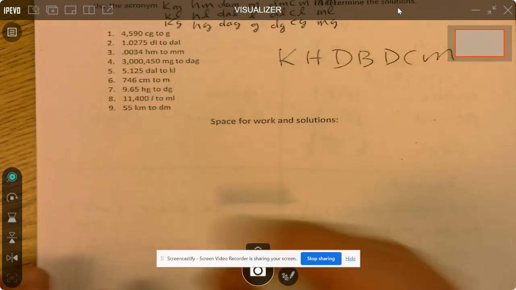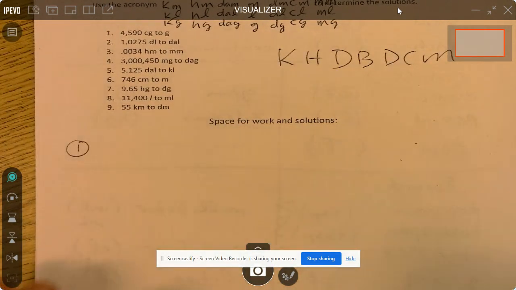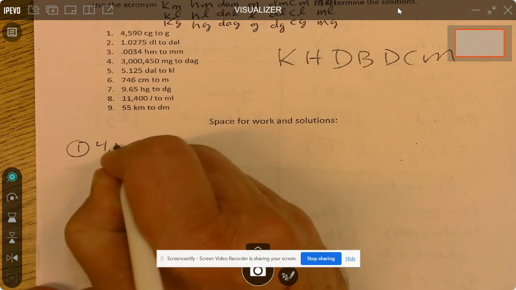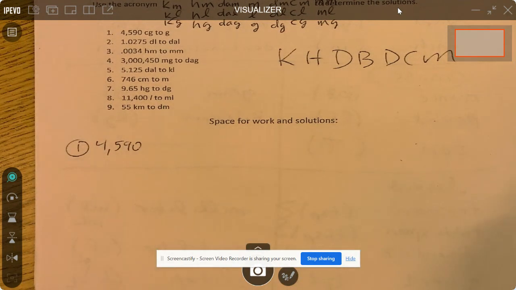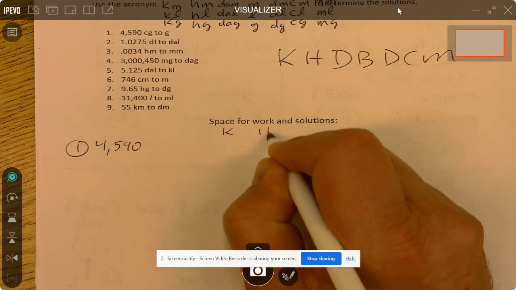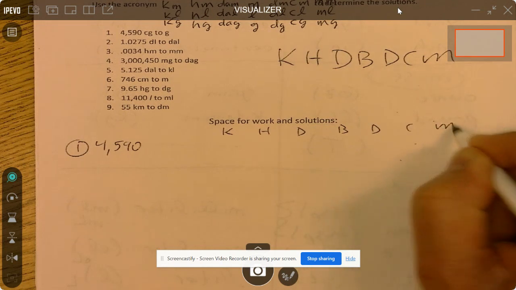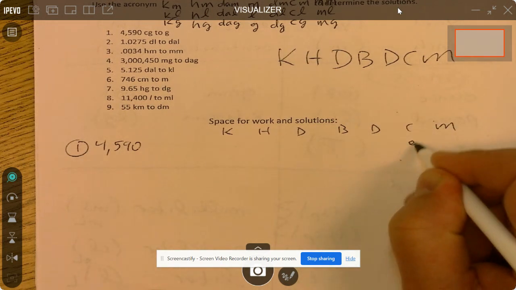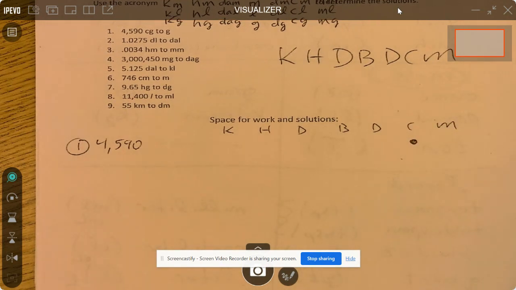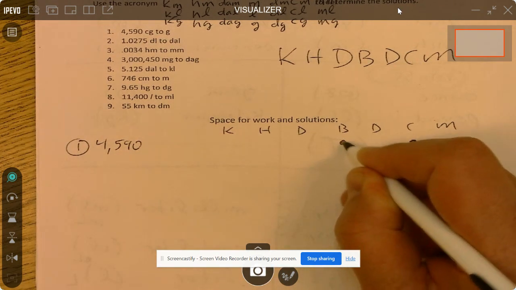Okay? Question number 1 on this page is asking us to change from 4,590 centigrams to grams. So if I write out my list of letters in order, like I have memorized, I know that centigrams is right here. And I want to move towards grams, grams being right here.